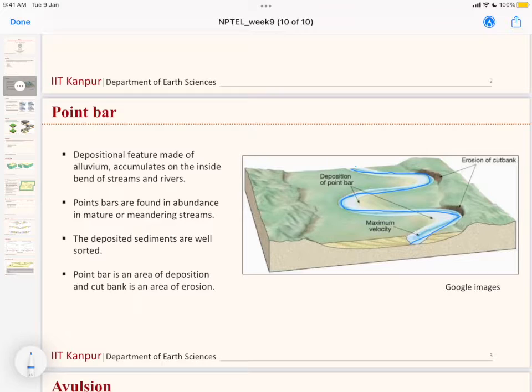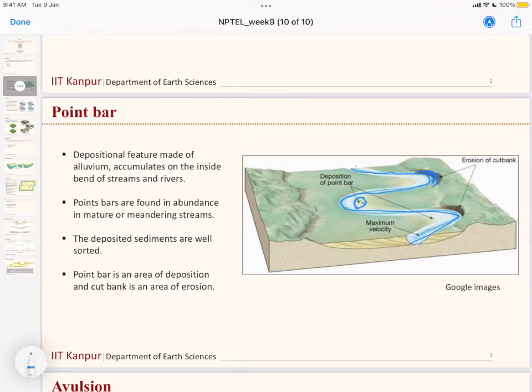Whenever there is meandering, there is the area inside the river stream where the sediments get deposited, and the area outside the stream, specifically where the river path is changing.